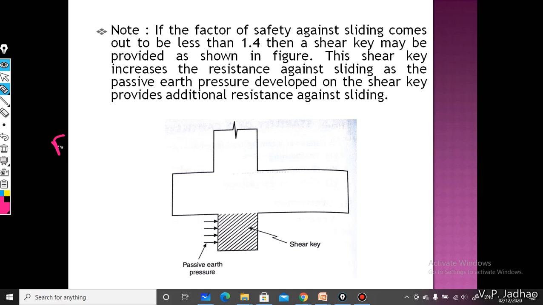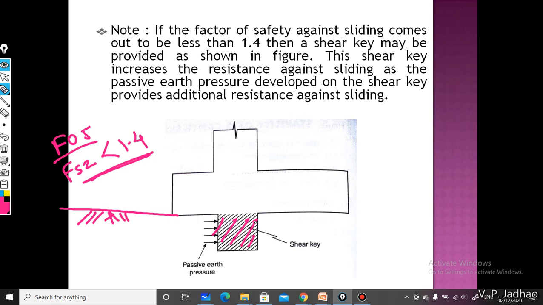Because the factor of safety against sliding, that is FS2, this value comes out to be less than 1.4. Therefore we need to provide some shear key, because this is your foundation ground. Again we have foundation ground on this side, we will have foundation soil here.